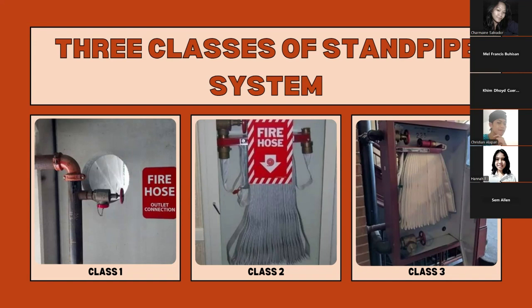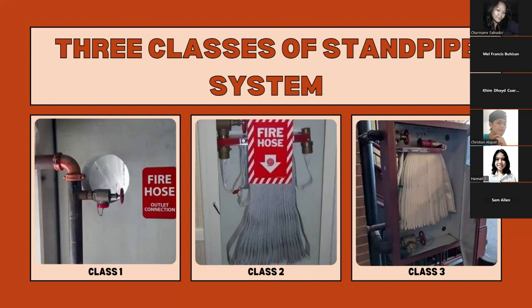This class provides a way for both firefighters and building occupants to access water for suppression. The hose outlets within the building allow occupants to use a hose to try and extinguish a small fire, while firefighters can connect hoses to the fire department connections for more extensive firefighting operations.